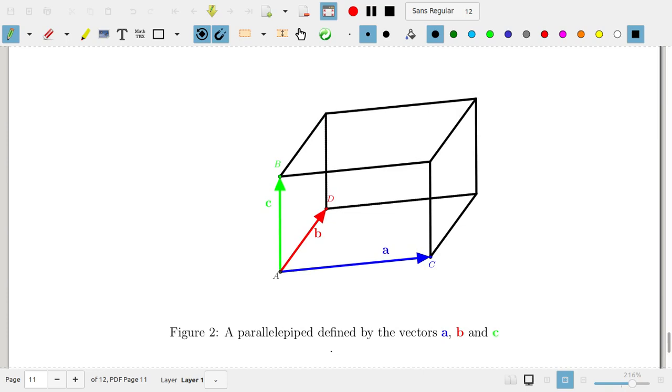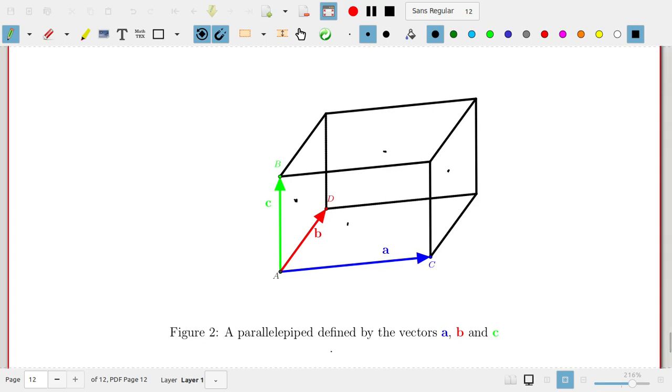The property of the parallelepiped is that the opposite faces are the same parallelogram, meaning this face and this face are the same parallelogram, and this face is the same parallelogram. A cube is a specific example of a parallelepiped.